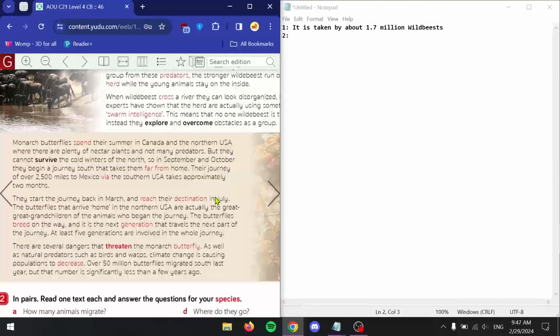And for the butterflies, we'll say, oh wow, that's a lot, over 50 million monarch butterflies. However, if you guys take a look here, where was it? That number is decreasing.